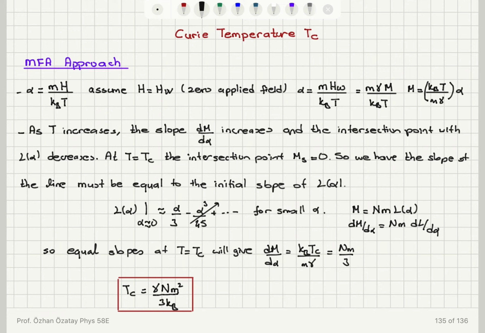If you want to write this in SI, we can basically use mu 0. So in SI, this has to be mu 0 times n times gamma times m squared divided by 3 times the Boltzmann constant.